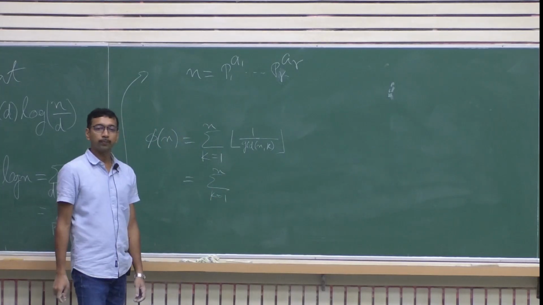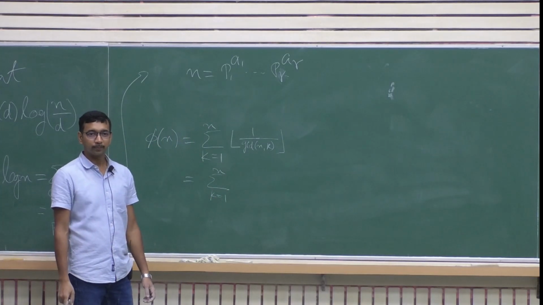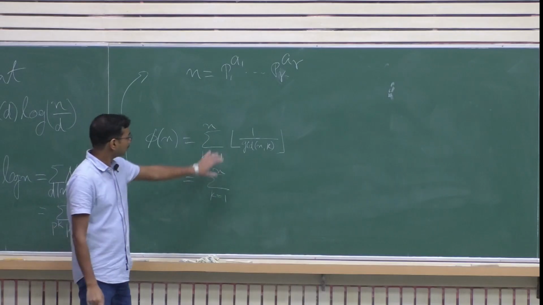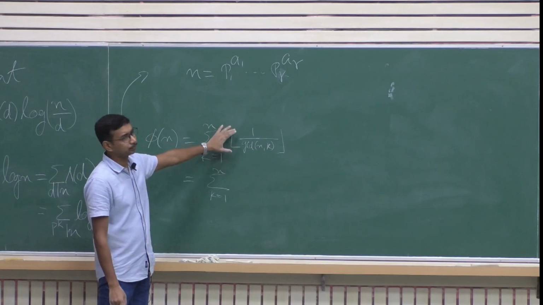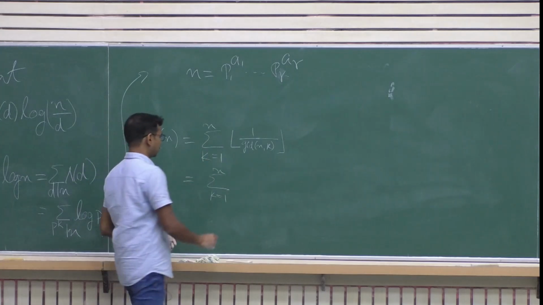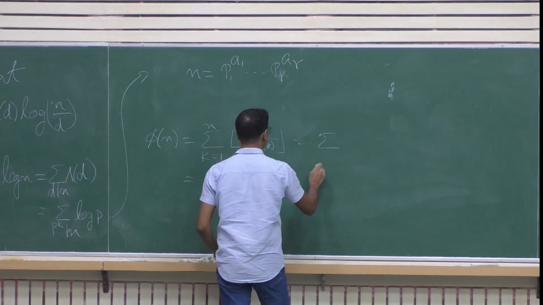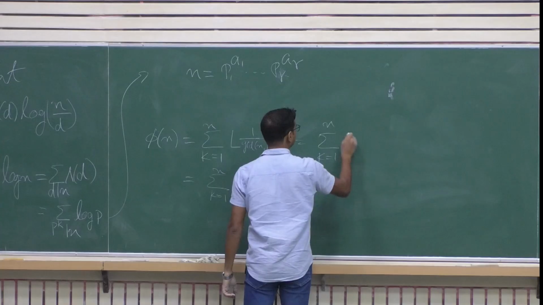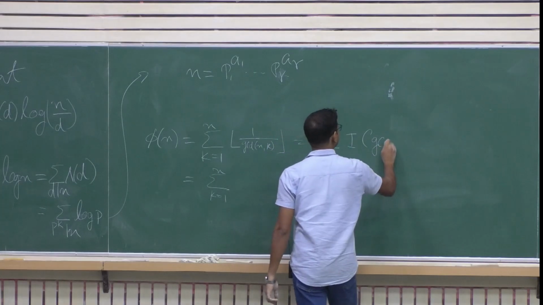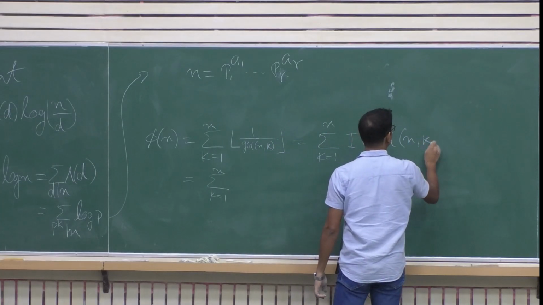And then we break the sum, summation k equal to 1 to n. We know that summation of d divides n of mu d equals this function, which is just the identity function. So we have the sum from 1 to n of I of GCD of n comma k.